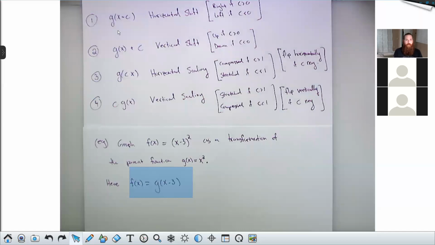Yeah, it's a horizontal shift. Here, C is positive because there's a minus sign built into the formula. X minus 3, g of x minus c, g of x minus 3. So C is 3. So we're going to go to the right by 3 units.